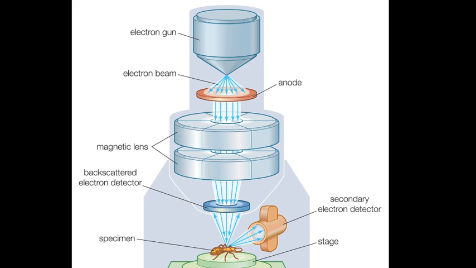These signals include secondary electrons that produce images, backscattered electrons, diffracted backscattered electrons, etc. So secondary electrons and backscattered electrons are used for imaging the sample. Using these secondary electrons and the backscattered electrons, we will get the image of that sample.